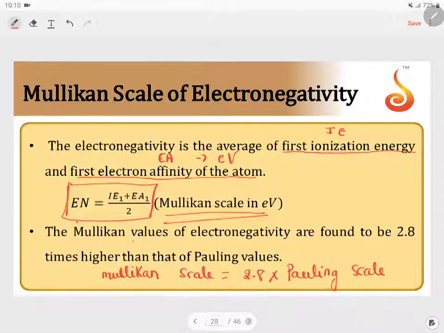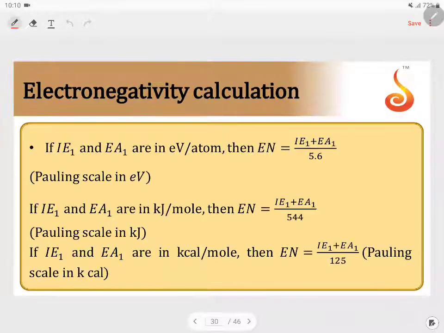Now, there are three more formulas given here. Look at this. If you want to calculate the electronegativity values in the Pauling scale, using its first ionization energy and electron affinity.